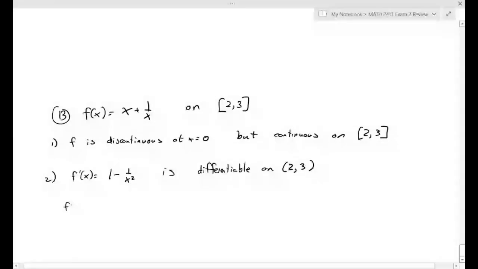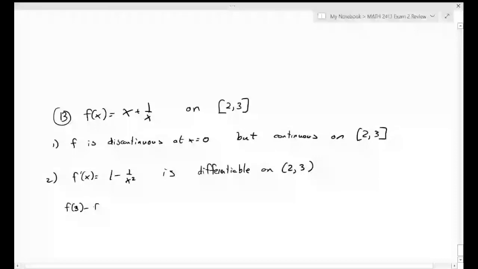So we're writing what the mean value theorem now guarantees, what we need to compute.